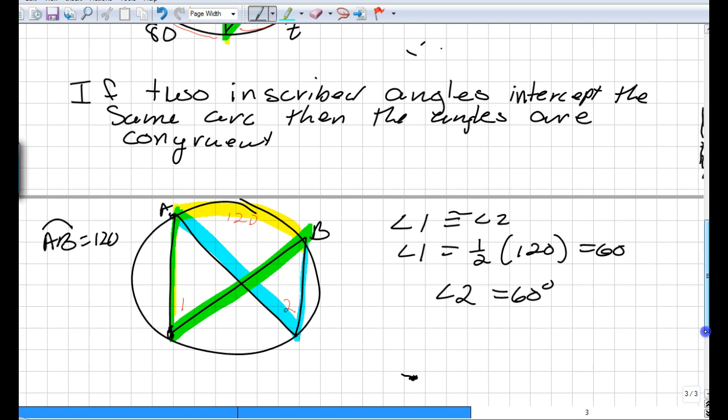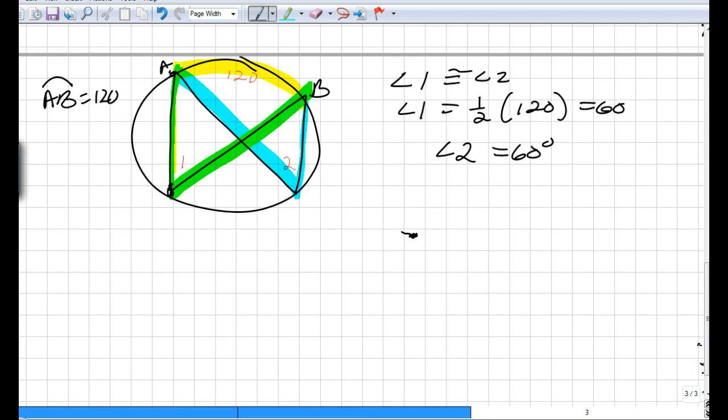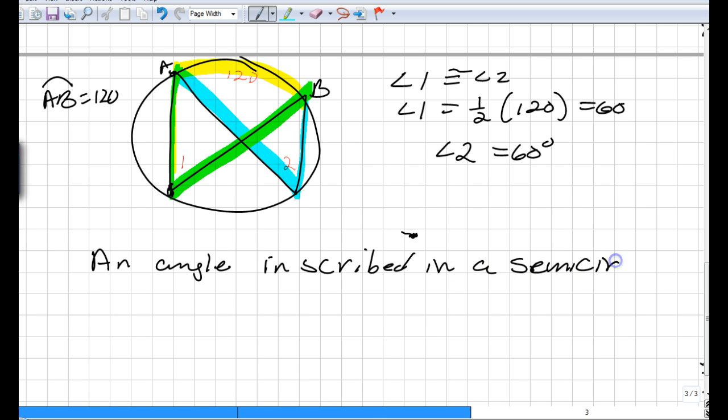Then we have some corollaries. An angle inscribed in a semicircle is a right angle.